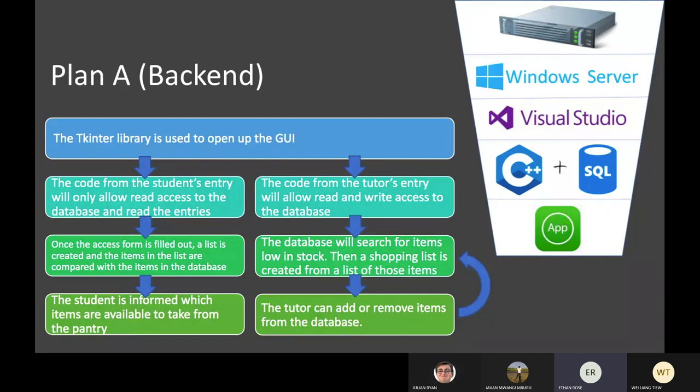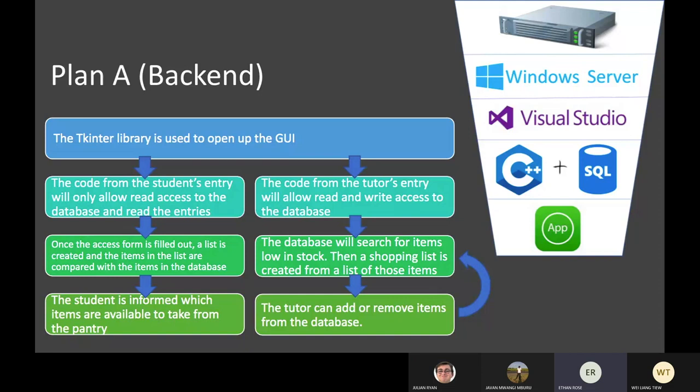If they are, they'll be informed and told where to pick it up. If not, they'll be told it's unavailable. The staff involved will be able to add and remove items from the database, as well as receive a shopping list of things that are soon to expire and things that have little stock.